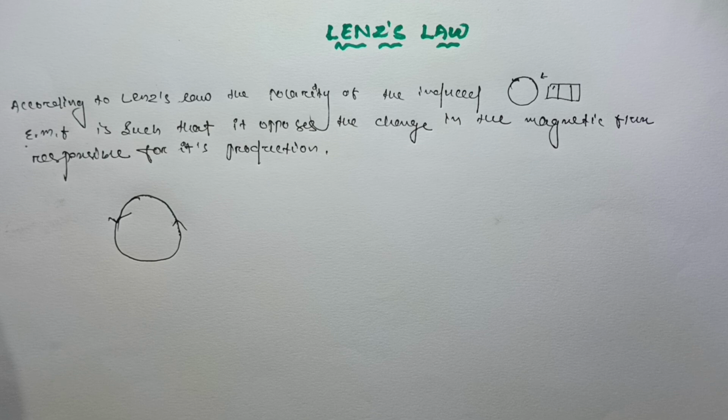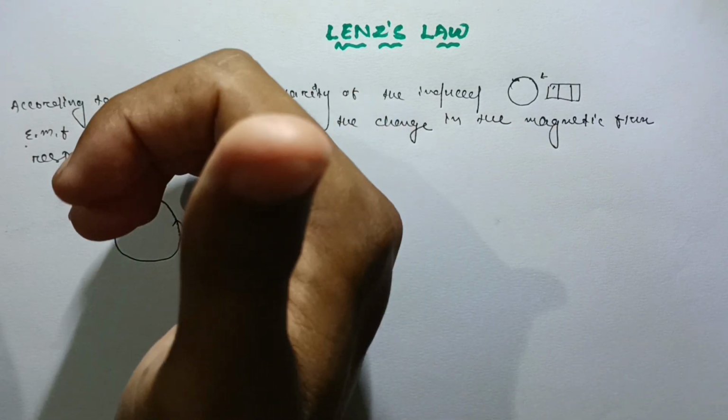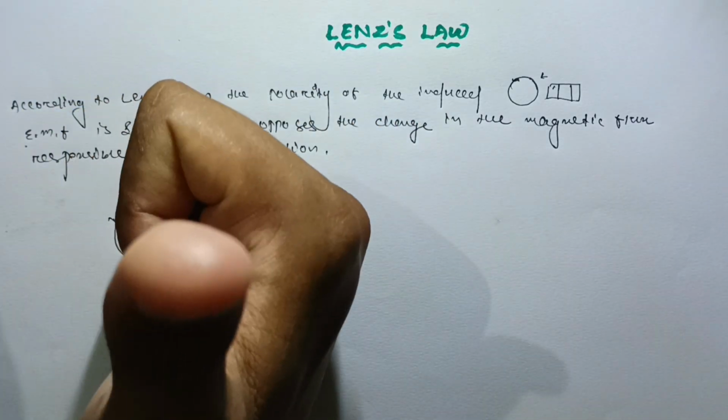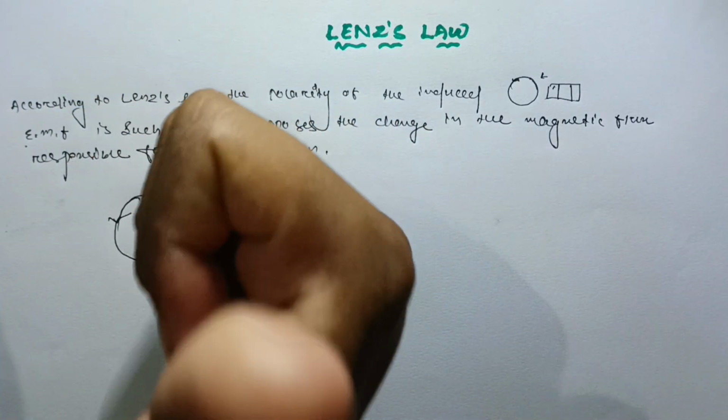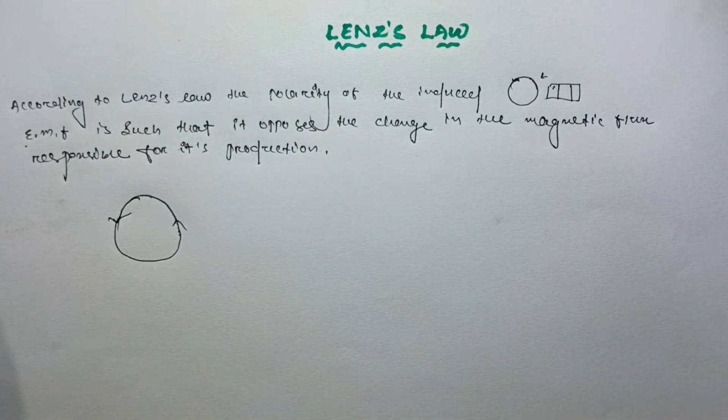Using the right hand thumb rule, if the current flows anti-clockwise, then the magnetic flux will be outward, right?